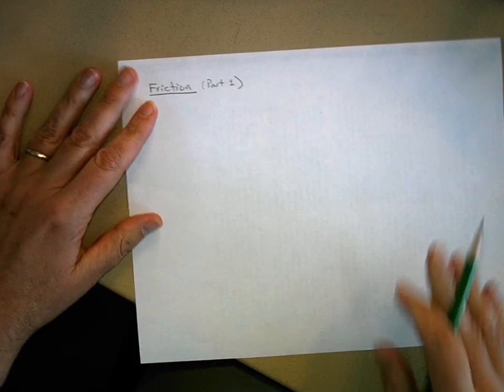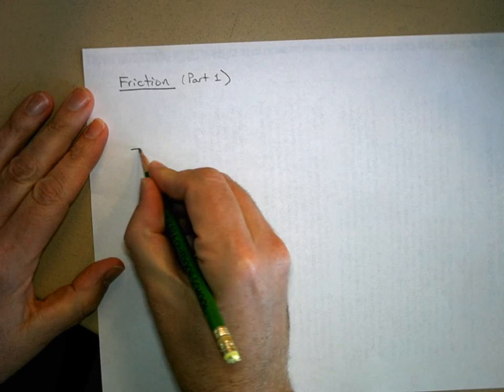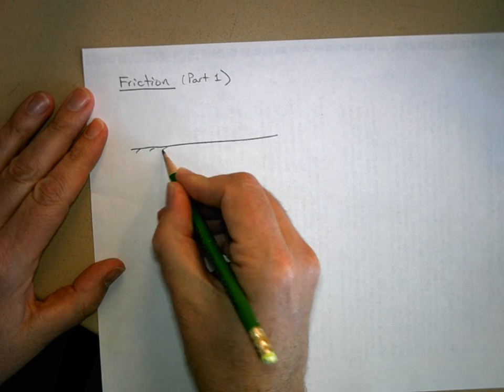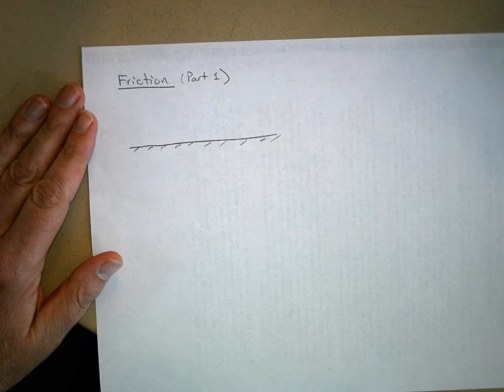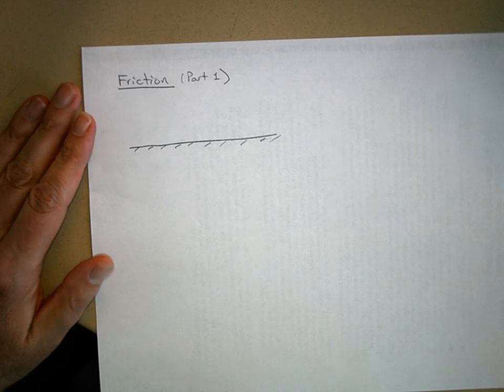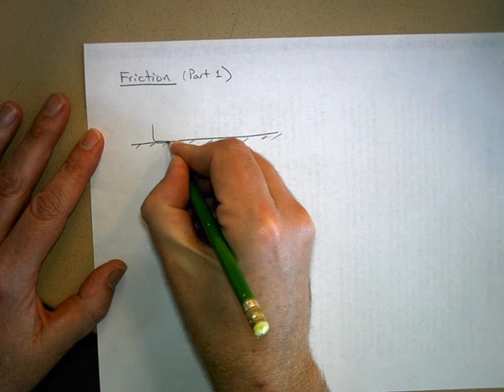let's actually look at this now. We've got a flat plane, and we'll do this for inclined planes next time. I'm just going to do it for a flat plane right here. So here's my situation. Here's my coffee mug.